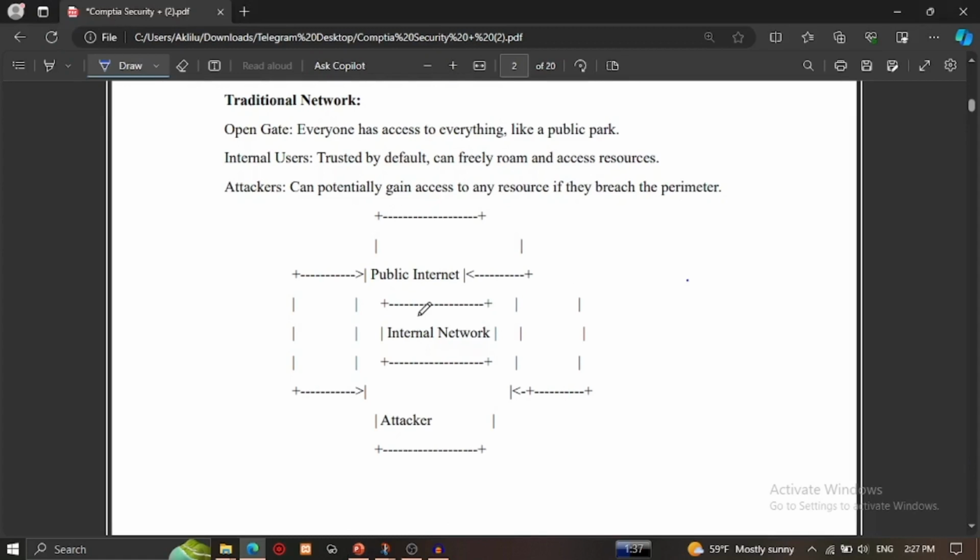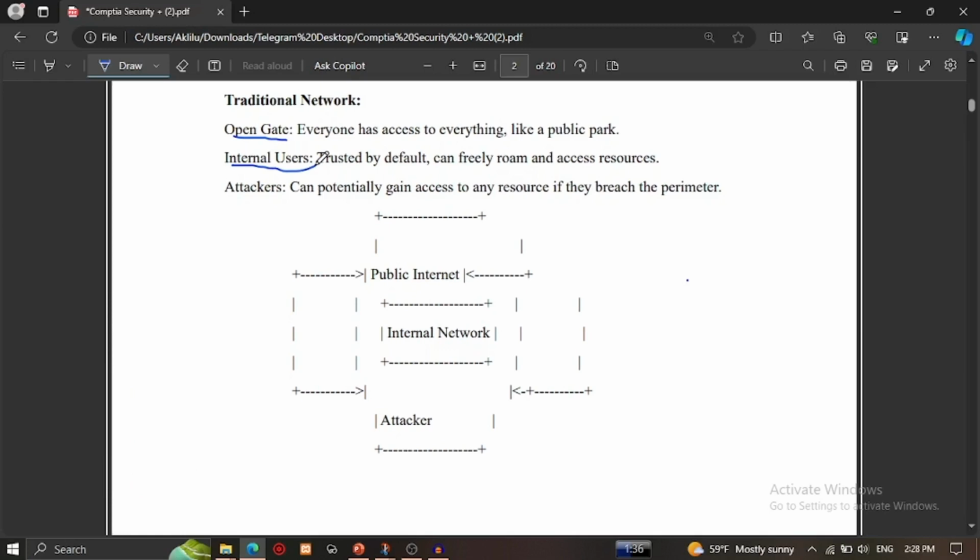Traditionally, we have such kinds of network. There is an open gate which everyone has access to everything, like a public park. This open gate, there's an internal user. These are trusted users. These are trusted by default, so they can freely access every resource and the data in any company.